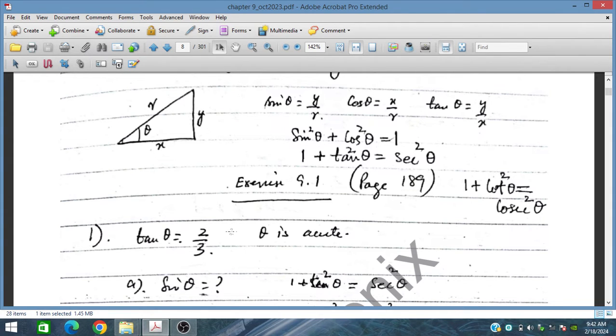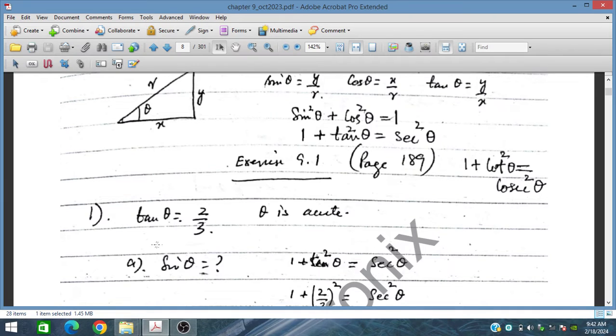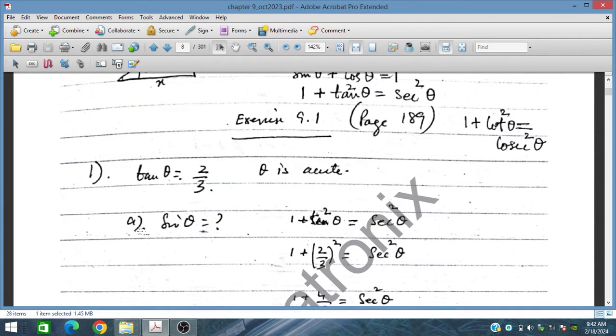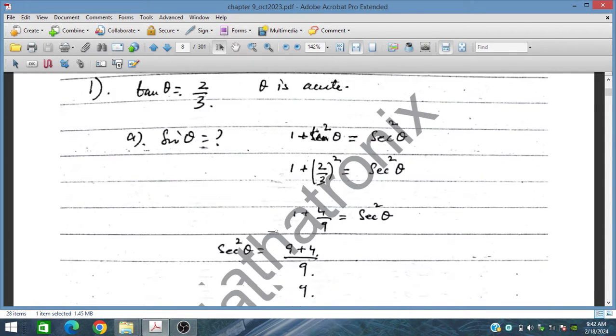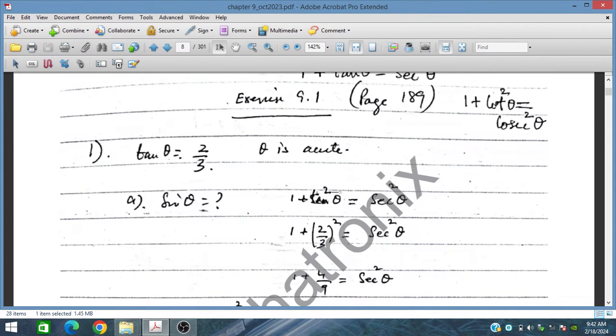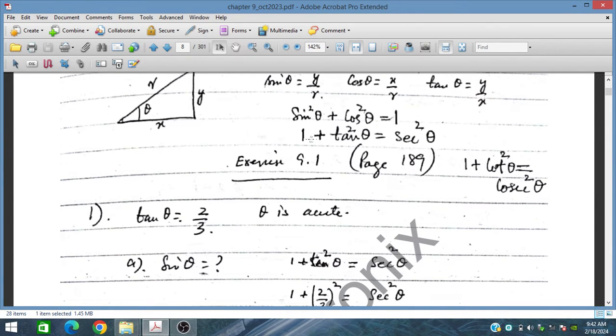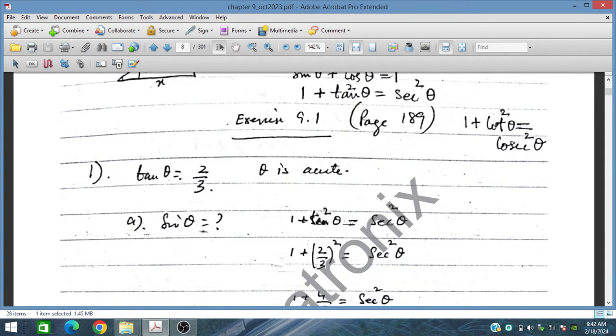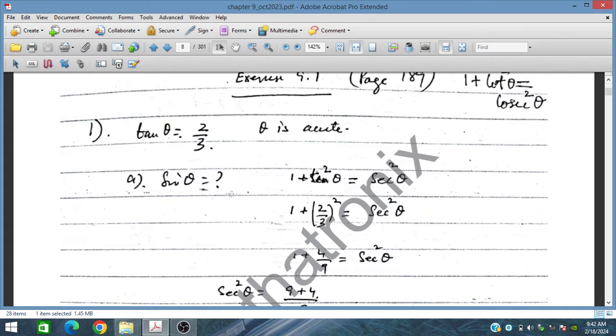So tangent theta is equal to 2 upon 3 and the angle is acute. This is given, and we have to find sine theta in part A and cos theta in part B. Since tangent theta is given, we use 1 plus tangent square theta is equal to sec square theta.